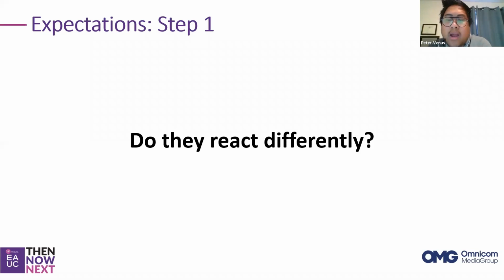Really, when we derive these segments, the first thing that we want to answer is, do they react differently? Because no matter what we do in the sort of lab environments that we have to analyze and to segment and to crunch the data, when we actually go out into market, that's really the thing that's going to tell us what is going to happen. That is the thing that will validate some of our assumptions.